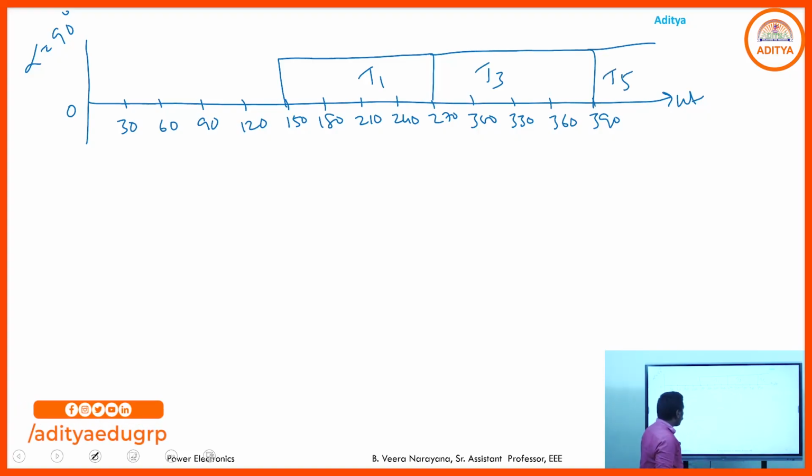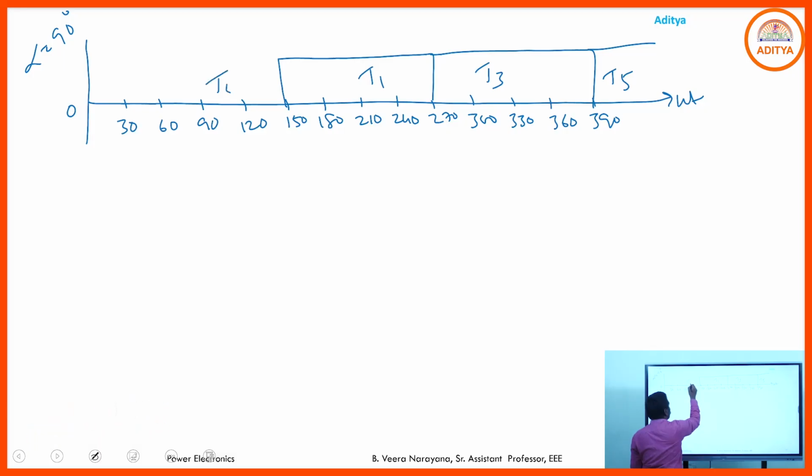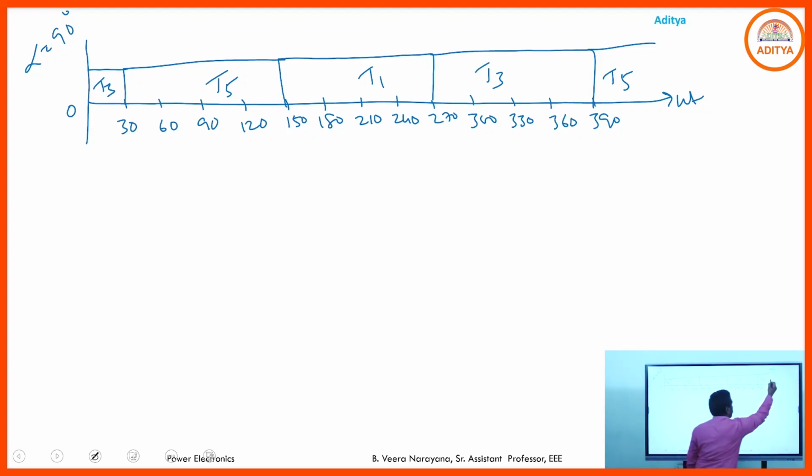So before T1, T5 will be in the on state. Ending portion is 150. Then what is the starting portion? 150 minus 120, 30. Between 30 to 150, T5 will be in the on state, before that T3. So that is the representation of the positive group SCRs' conduction periods.